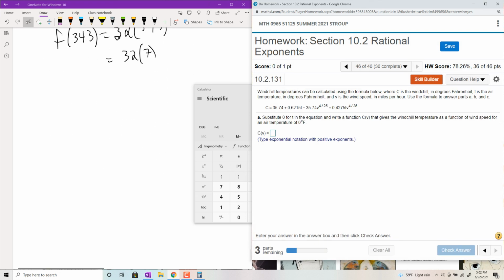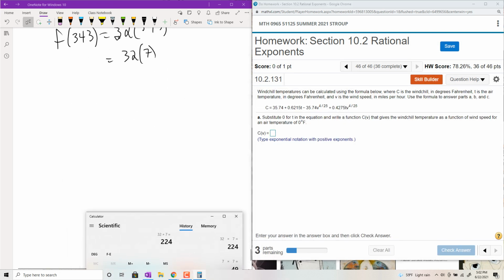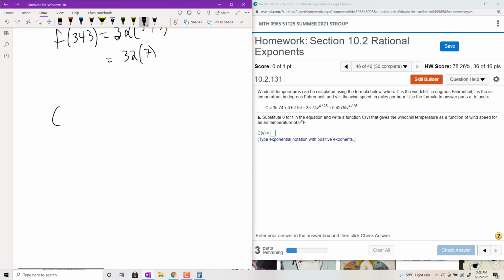Another one. Ugh, look at that thing. Part A. Substitute 0 for t. So c of 0, you get 35.74 plus 0.6215 times 0, which is just 0, minus 35.74 v to the 4/25 plus 0.4275 times 0 times v.